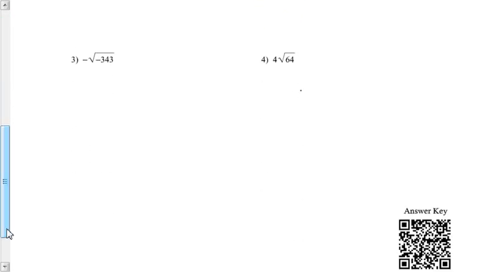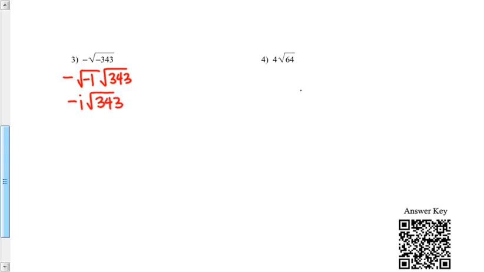Alright, looking at the square root of negative 343, notice that there is a negative under your square root here. So the first thing I'm going to do is break this up. I have the negative out in front, and I'm going to break that up into negative 1 and the square root of positive 343. Then I'm going to write that the square root of negative 1 is i.